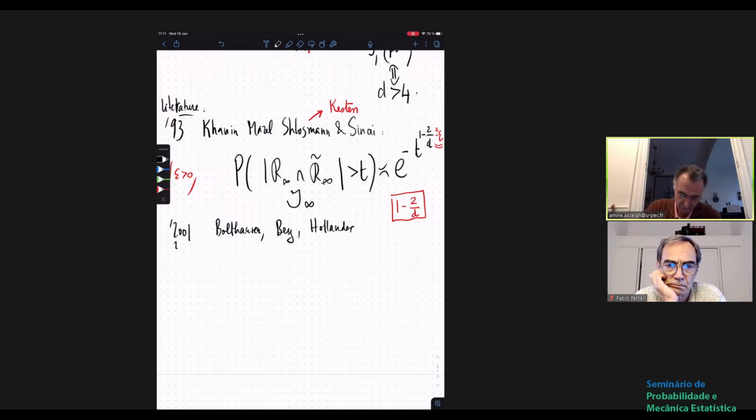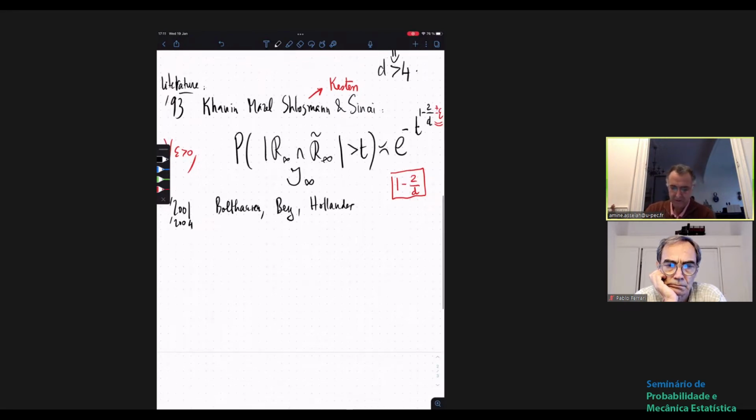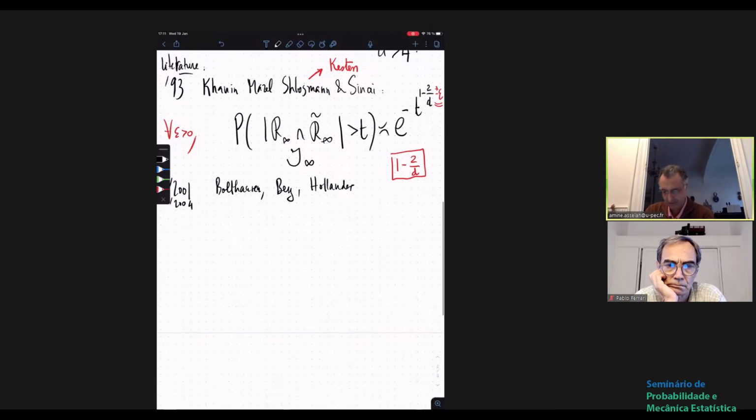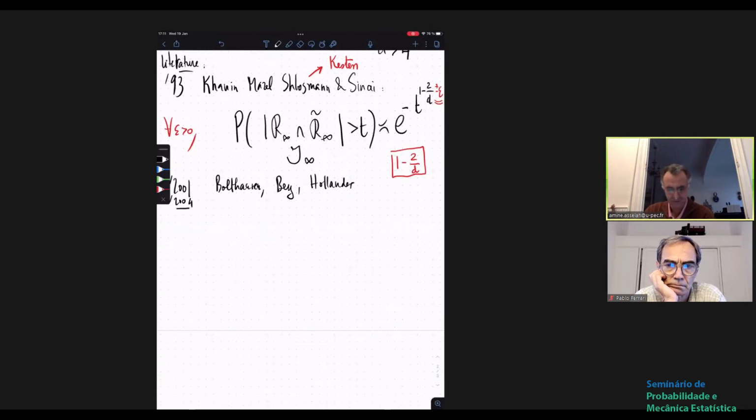They have like 2 papers actually about the same topic. This one is really about the intersection of 2 independent Wiener sausages, but I'm going to write it in terms of this intersection of random walk.